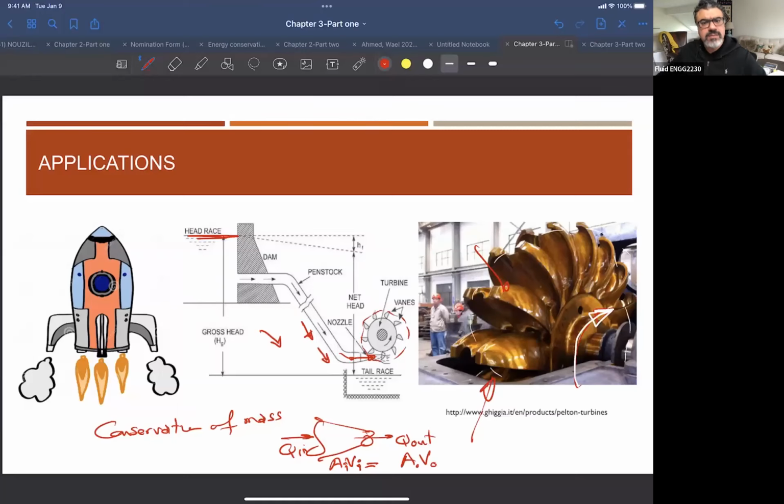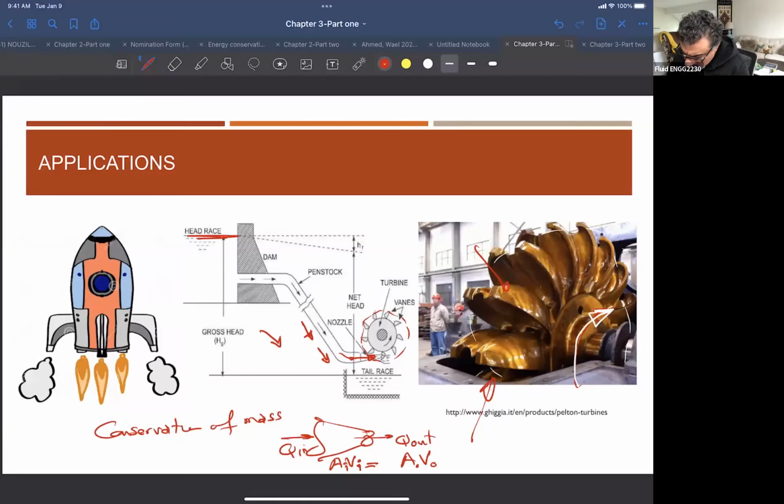So you have a huge mass going with a high velocity, right? This momentum is hitting the turbine blades or the turbine buckets, right? The fluid will lose some of its energy and then just go out, right? And what will be the momentum transfer? It will be transferred to the turbine itself, right? So this is what we call the momentum transfer between the fluid and the rotor of the turbine.